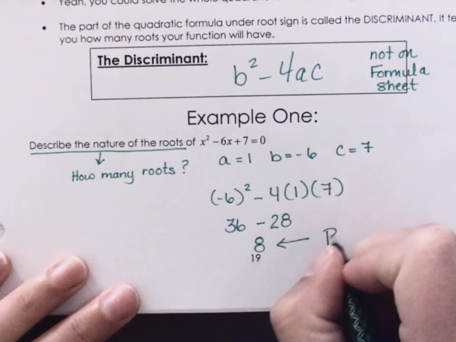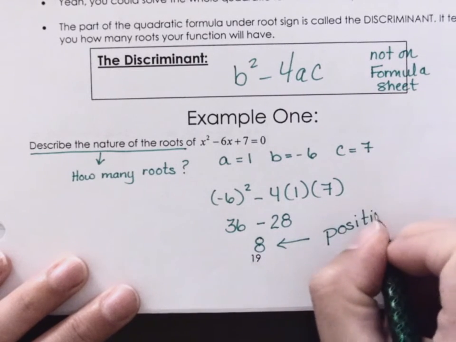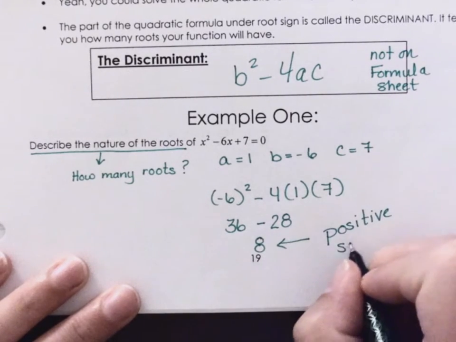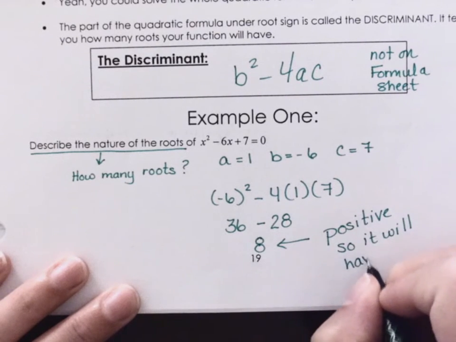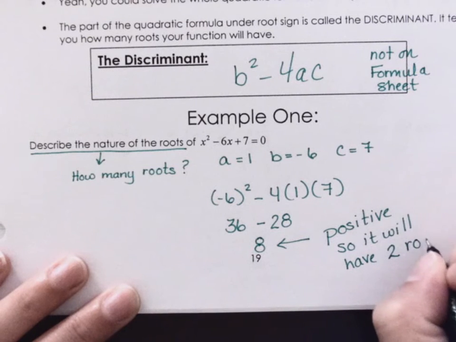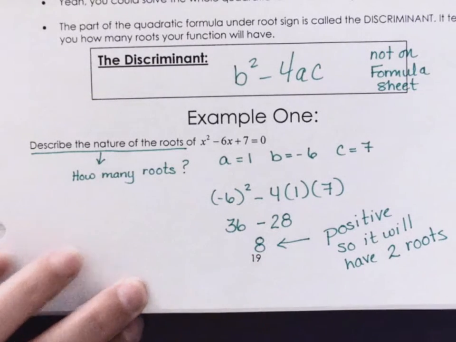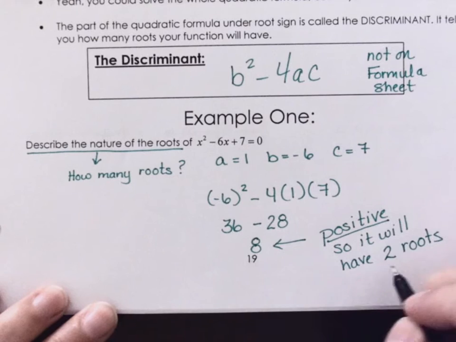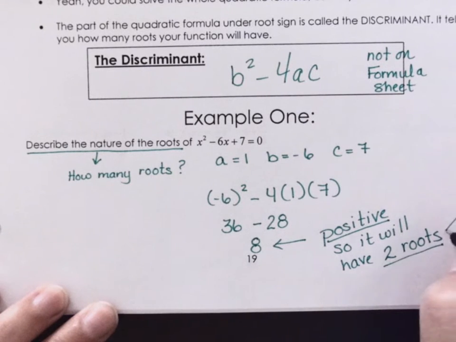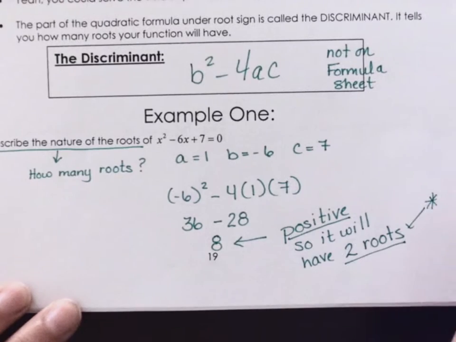So it's positive, so it will have 2 roots. The 8's important, I guess, kind of, sort of, but not to answer this question. What I need to know is my answer positive, negative, or is it 0? And because it's positive, that's how I get this answer. FYI, this is the answer to the question.